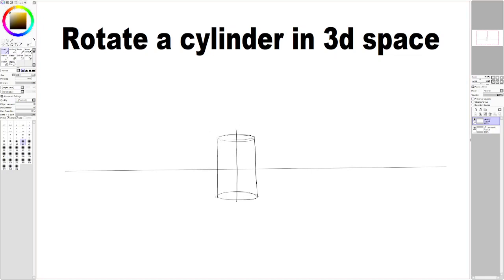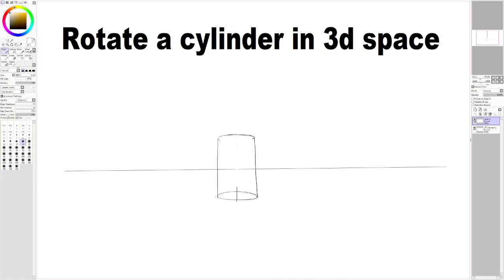I'm going to erase a portion of the ellipse that we see, and basically it's just to show that the ellipse is above us, based on our viewing angle.